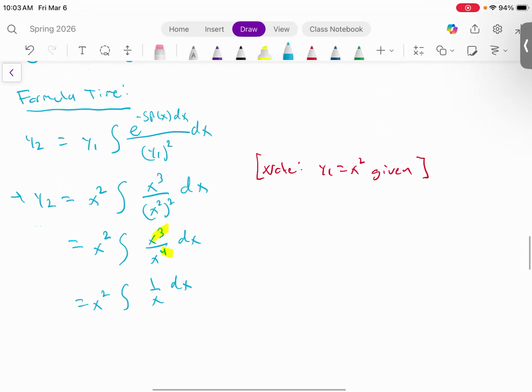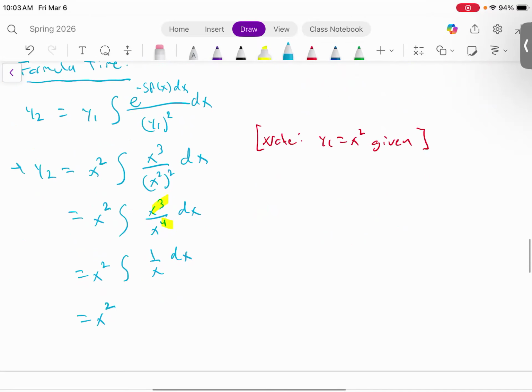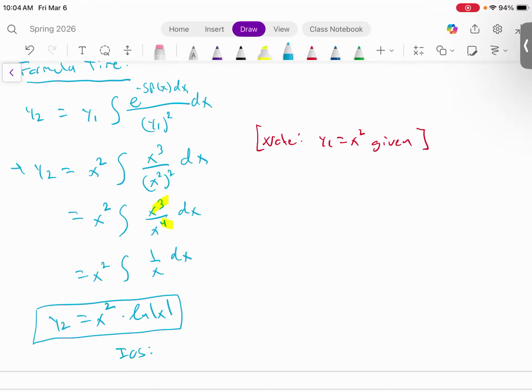And x squared times the integral of 1 over x turns into x squared times the natural log, absolute value of x. And so this right here is my second solution. Just be a little careful with the interval of solution. Because of the natural log, we need our interval of solution to be 0 to infinity.